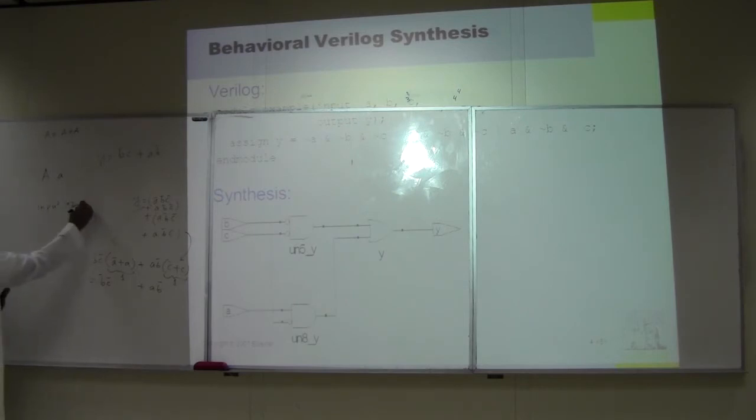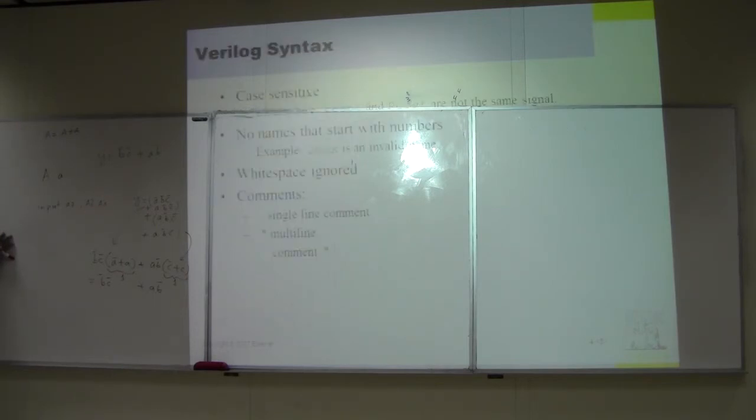But A2 and 2A, which one is correct and which one is wrong? A2 is correct. Are A and a the same? No, because capital A and small a are different. So this is one input, this is another input. But 2A is a problem because it starts with a number. So you cannot start with a number.